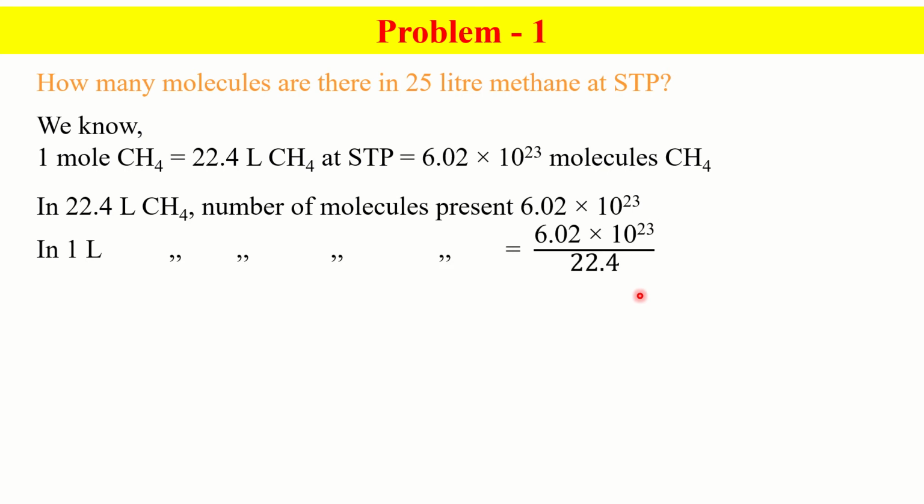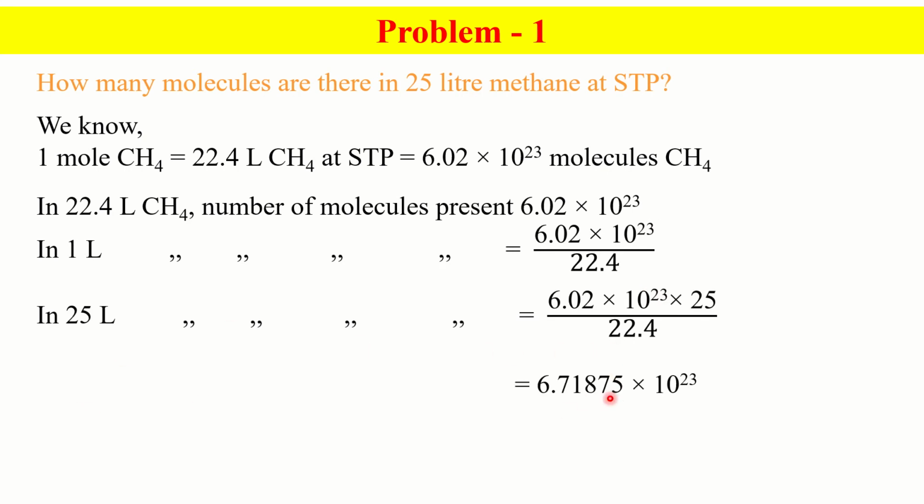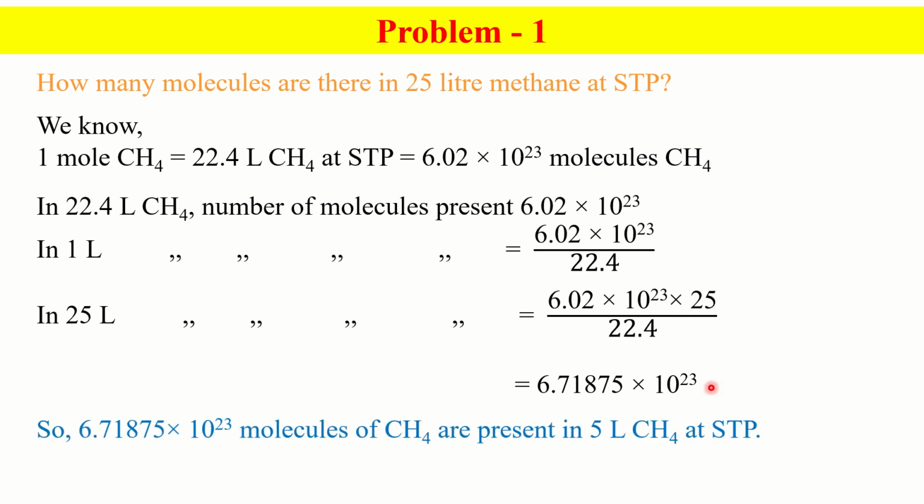In 1 liter this, and in 25 liter methane, there are 6.71875 into 10 to the power 23 molecules of methane. So the answer comes 6.71875 into 10 to the power 23. Sorry, there will not be gram. It will be only 6.71875 into 10 to the power 23 molecules. You will make the correction here. It will not be gram, it is molecules.